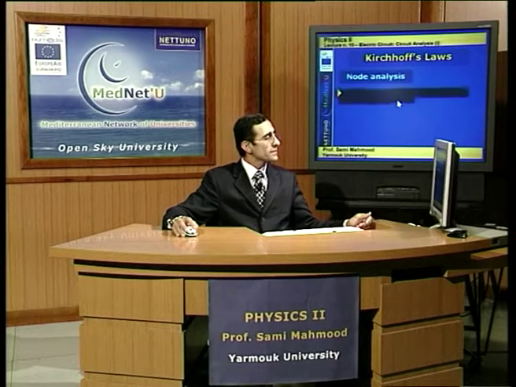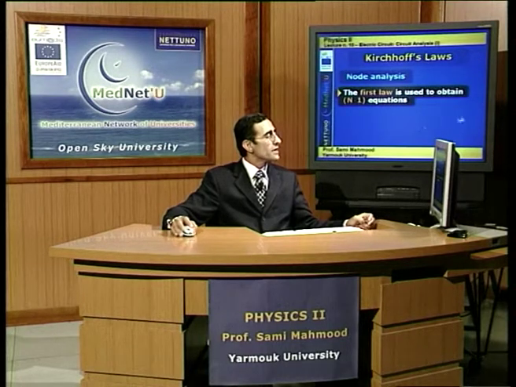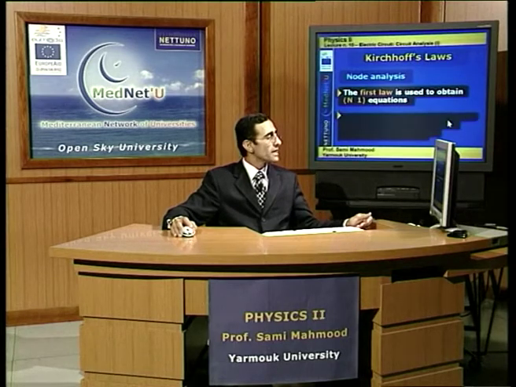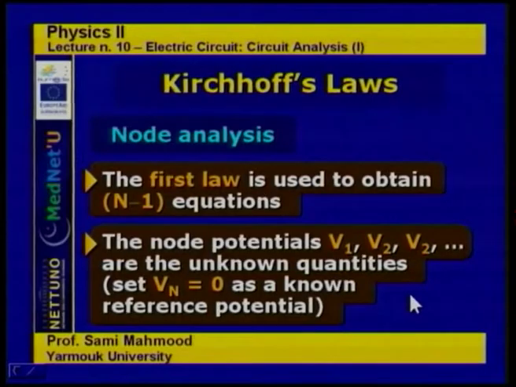And the node analysis, in this case, the first law is used to provide us with n-1 equations, where we focus on the nodes or the junctions at which we use Kirchhoff's first law, and we assume that the potentials at these nodes are unknown.